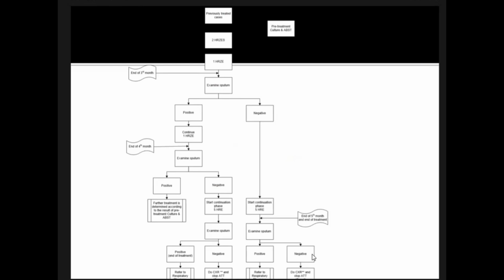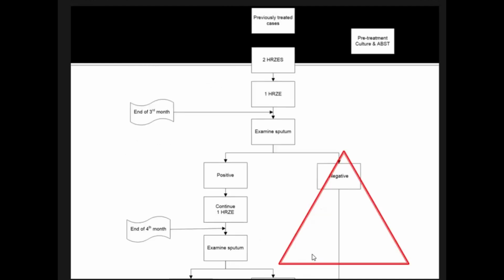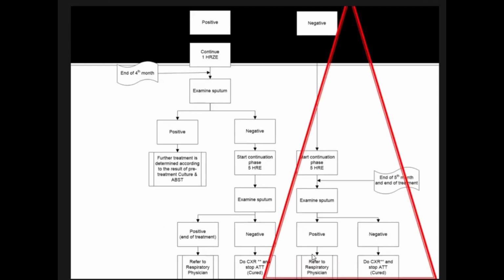If he is positive at the end of 8th month, then we reclassify them and treat them as a failure. We need to review these patients to see whether they are having MDR TB, whether any other complications exist. So that is the negative pathway which I discussed.